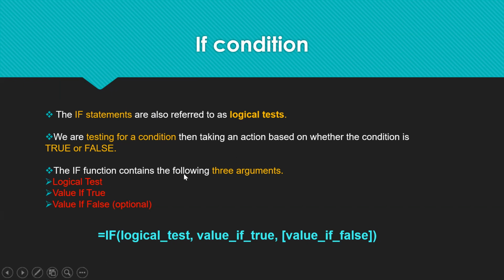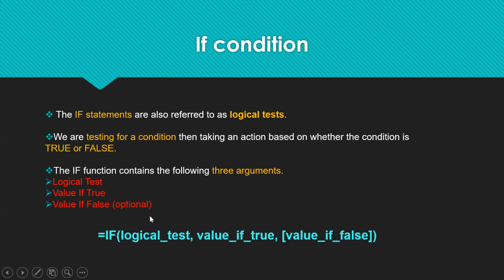The if function has three inputs, as I said. There is a logical test, which is the first input, and it gives the answer whether it's true or false. If the result is true, the first condition will be executed. If the result is false, the second condition will be executed.